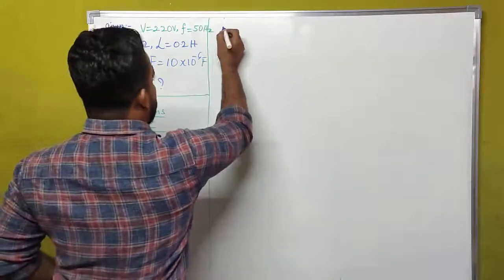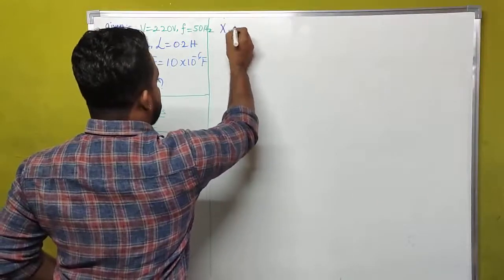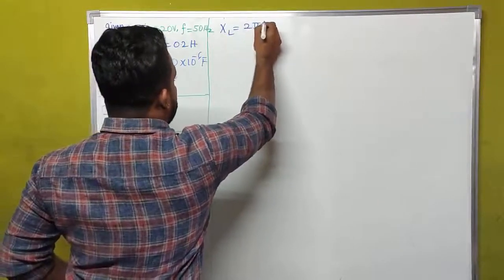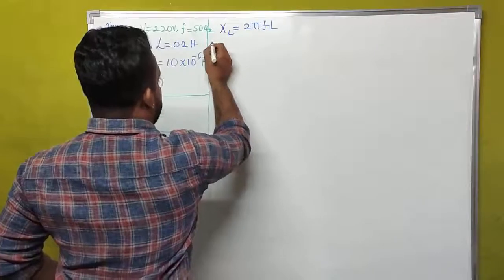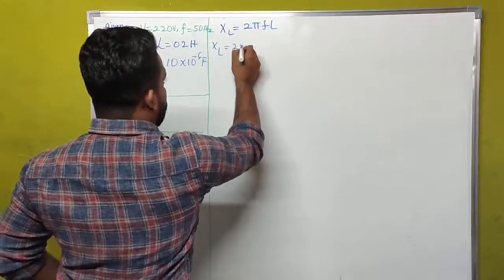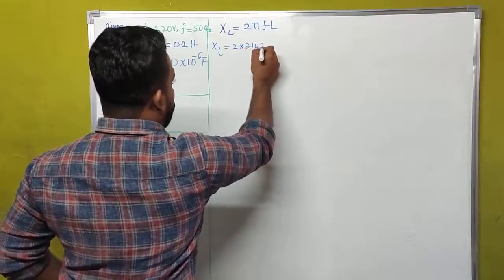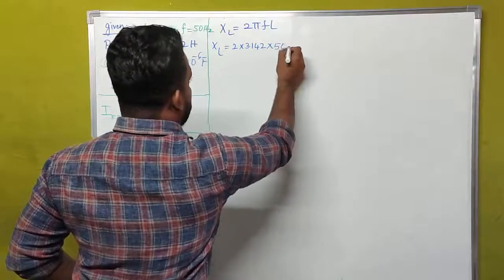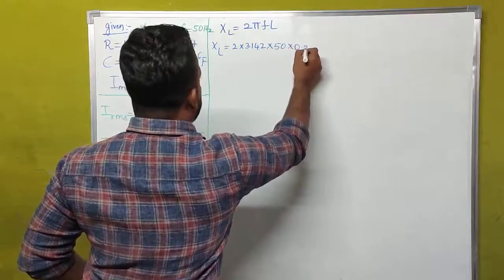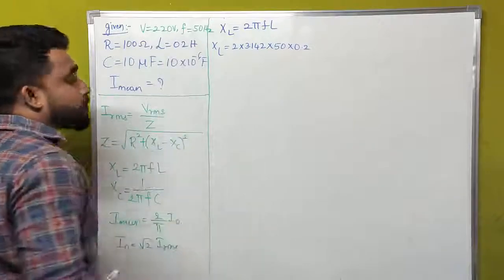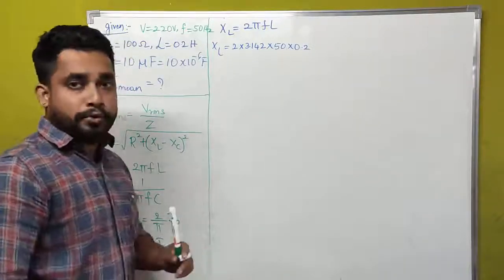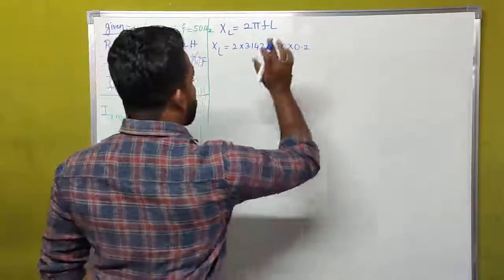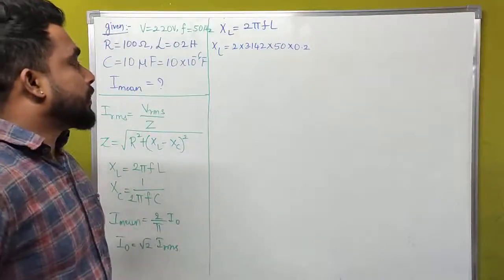First, we have to find XL and XC. XL is equal to 2 pi F into L. XL means 2 into 3.142 into 50 into 0.2. Is that millihenry or 0.2 Henry? That is only 0.2 Henry, so there is no 10 to the power of minus 3 here.